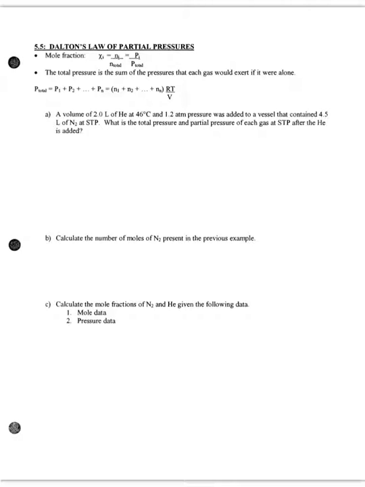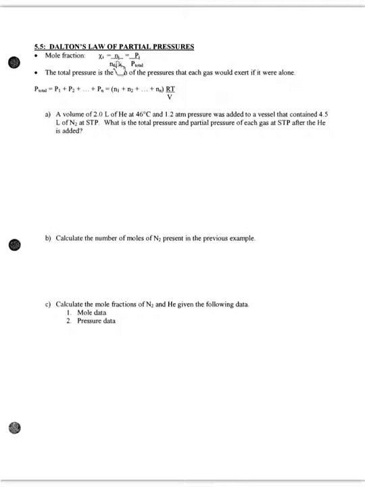Okay, so then there's this new concept here called mole fraction. This looks like, I know, yes, it looks like an X, but it's not an X. It is a Greek letter, the Greek letter chi.